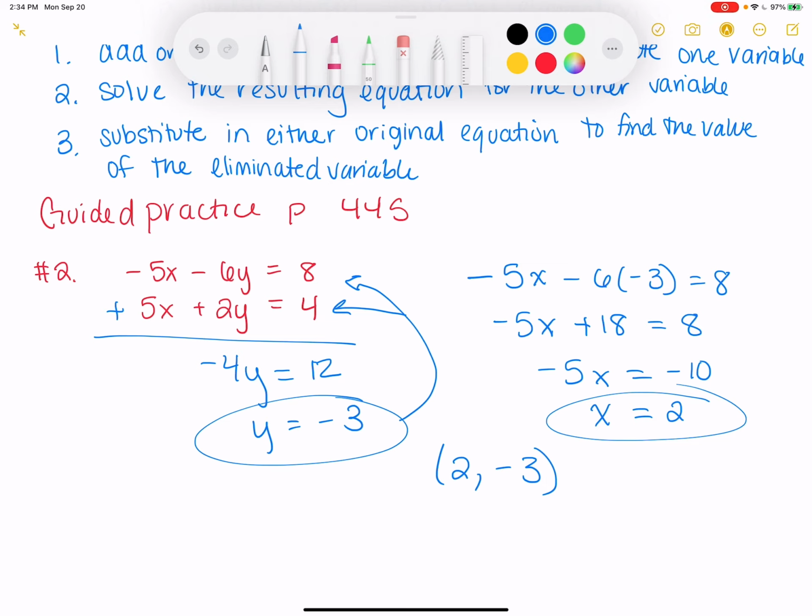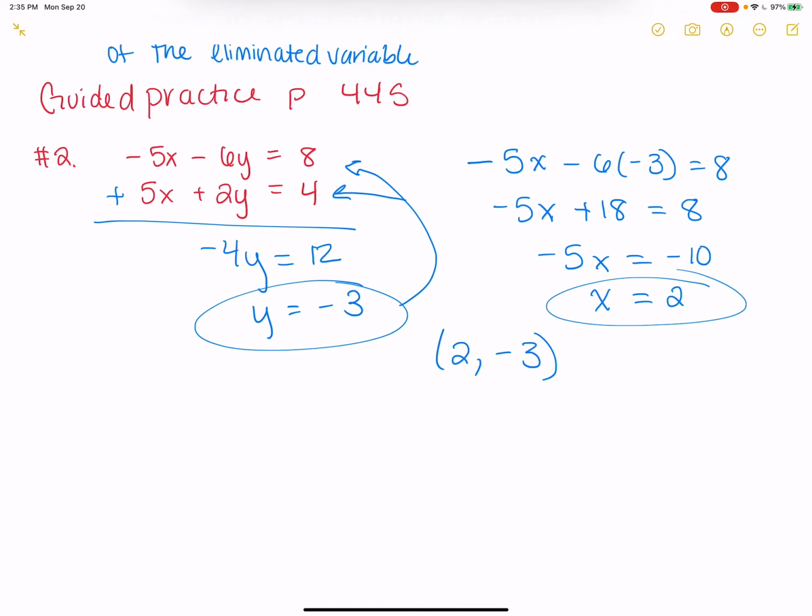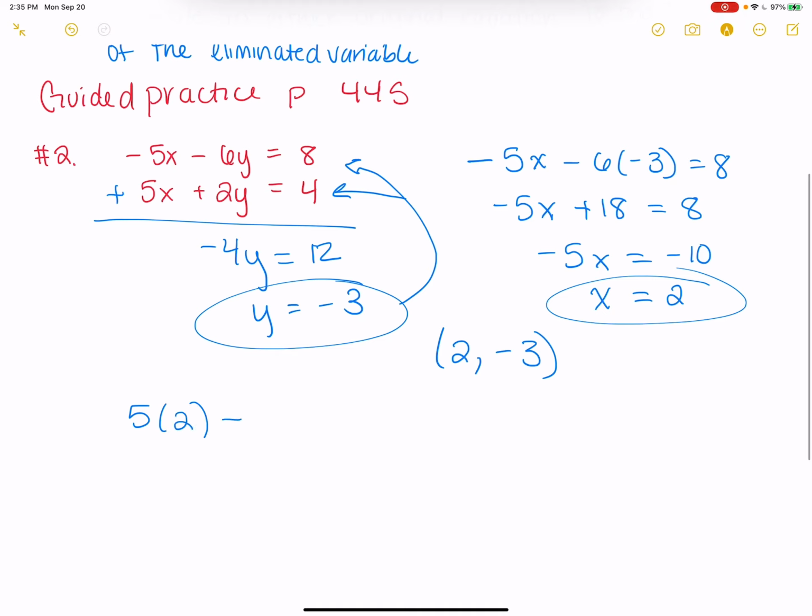And these ones, again, they don't say to check them, but I would greatly recommend that you do. Okay, it can really help make sure that your answer is right. I think that helped some of you on the quiz the other day, checking them. So I'm going to plug it into the bottom one first. 5 times 2 plus 2 times negative 3 is equal to 4. So 10, and then minus 6 equals 4. 4 equals 4.